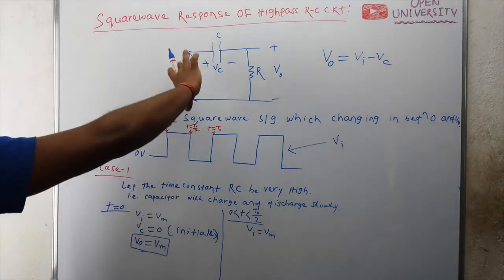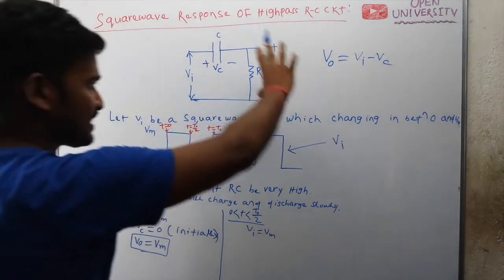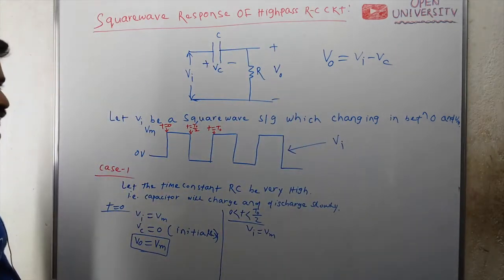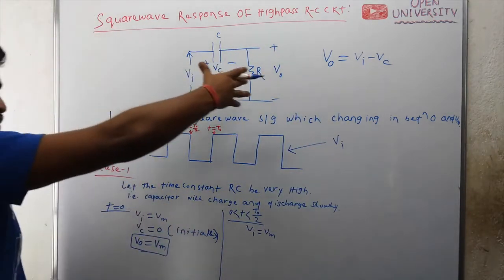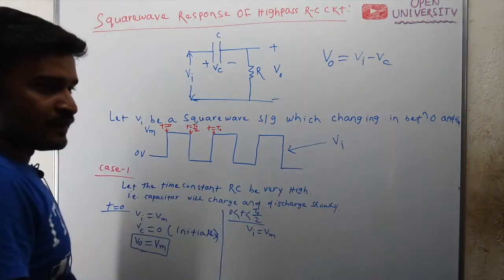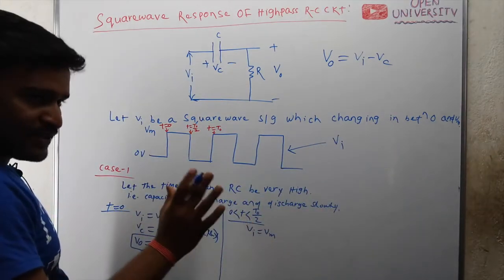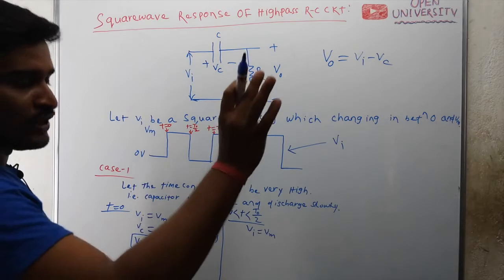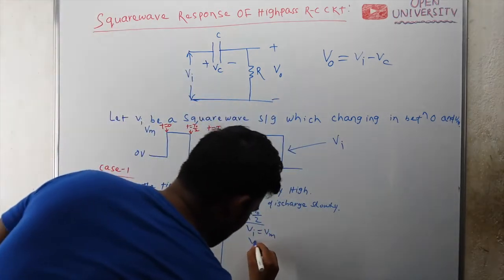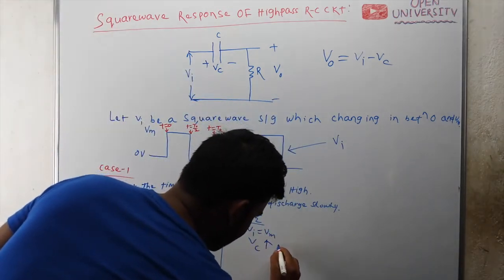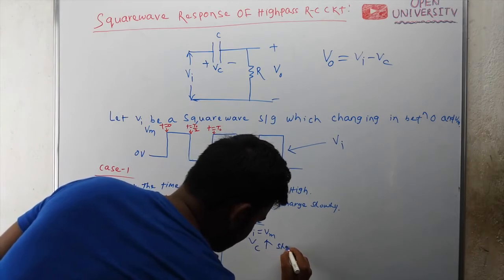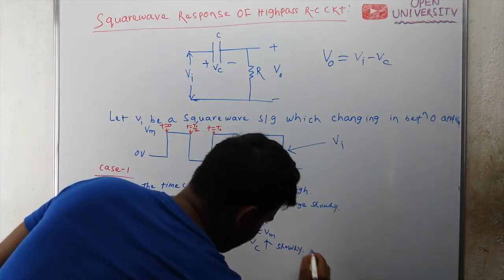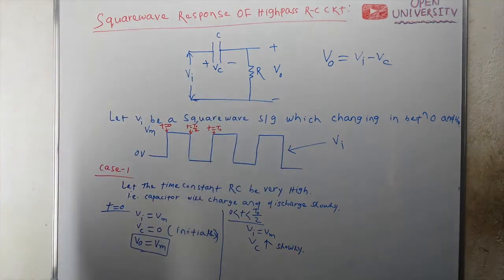When input is applied, the capacitor will charge to the input value. Since the charging time constant is very high, the capacitor will charge slowly, so Vc will increase slowly because the time constant is very high.